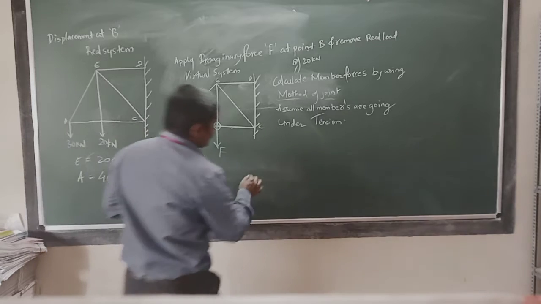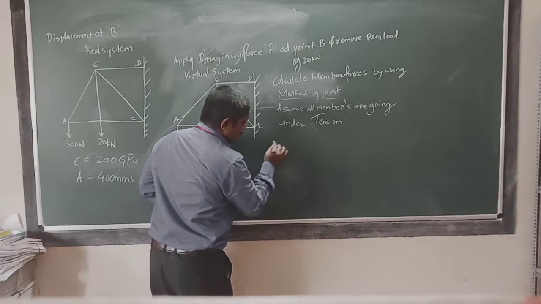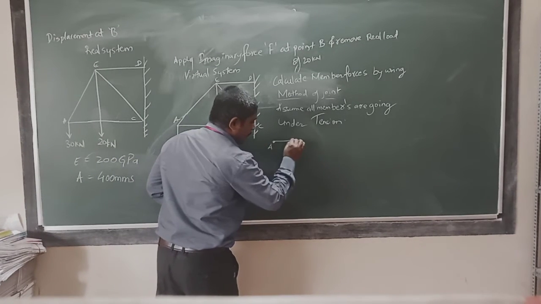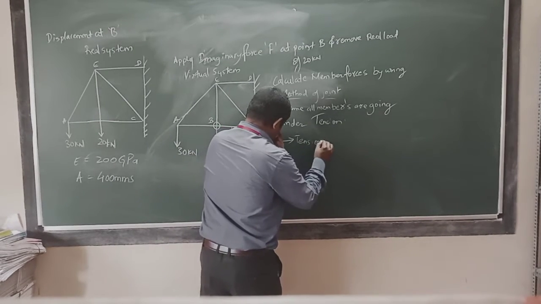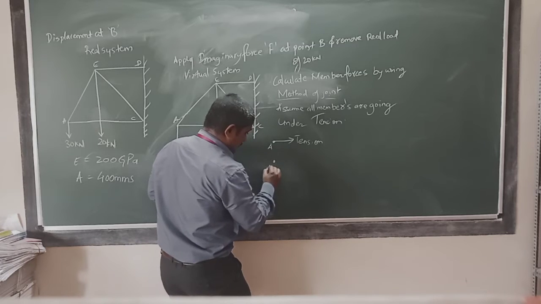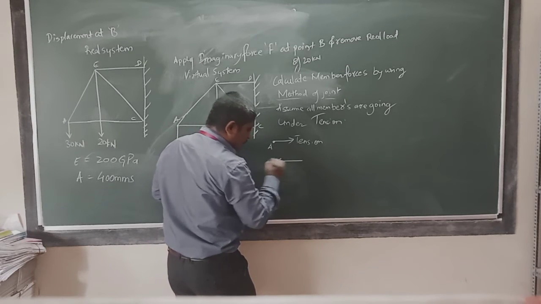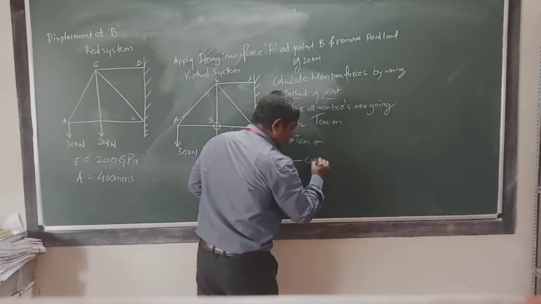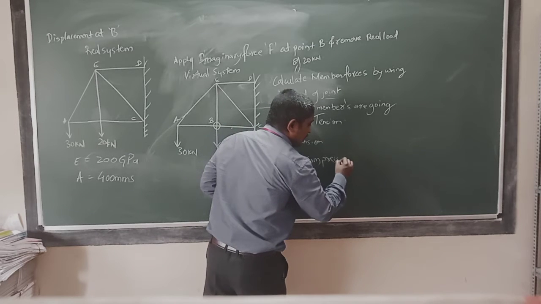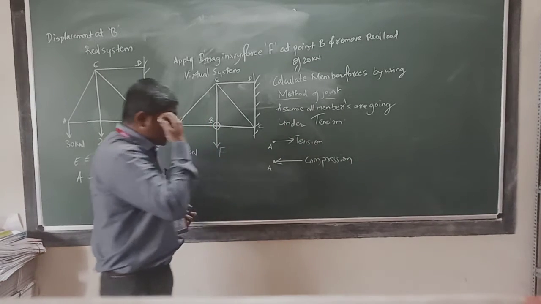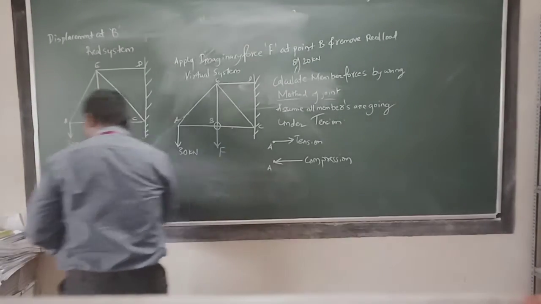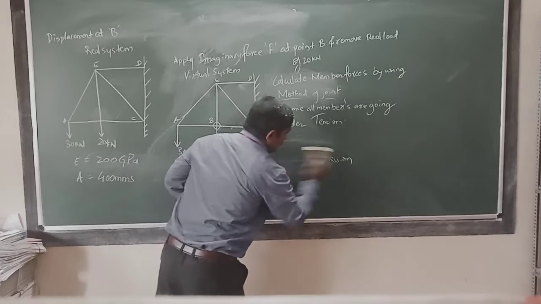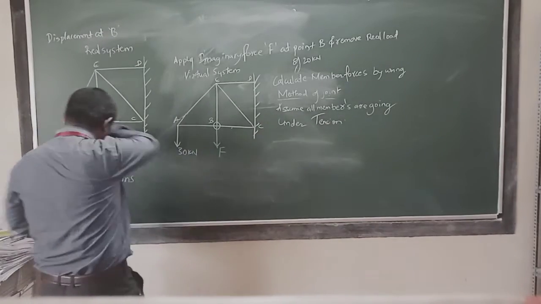As I told you, tension means away from the joint, and compression means towards the joint. These are the directions you have to keep in mind so that you will not go wrong in the solution. So I will mark this on the virtual structure.